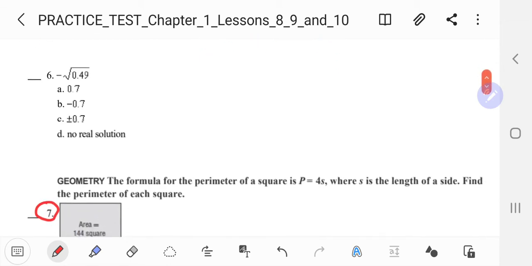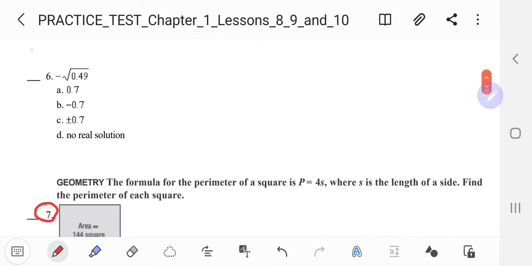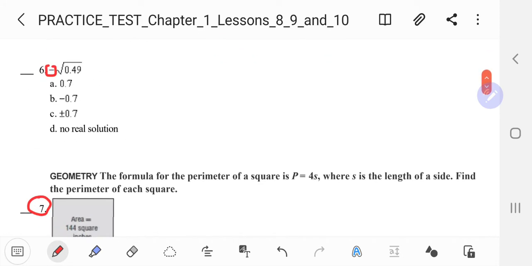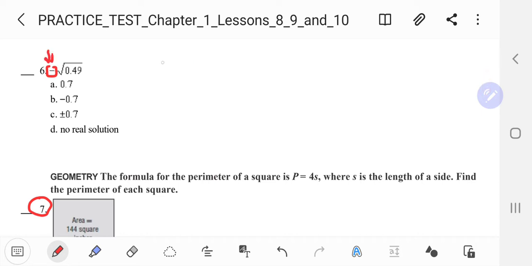All right. Here we have another similar example. This is asking for just the negative. Oops, sorry, I didn't give the answer up here. It does ask for the positive and negative answer, so we'll do that. Number 6, it's asking just for the negative answer. We know that 7 times 7 equals 49, but this is asking for 0.49, which has 2 decimal places.